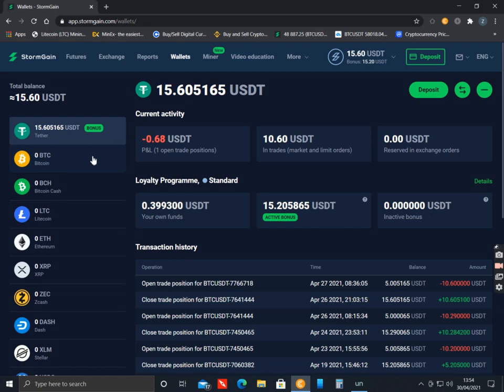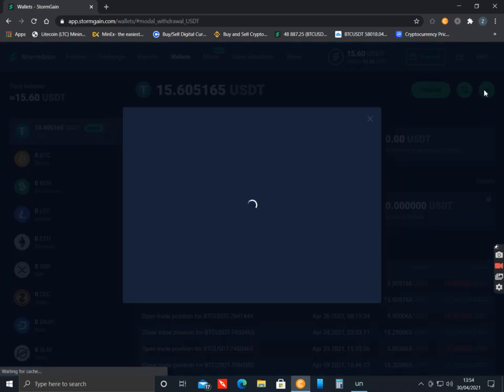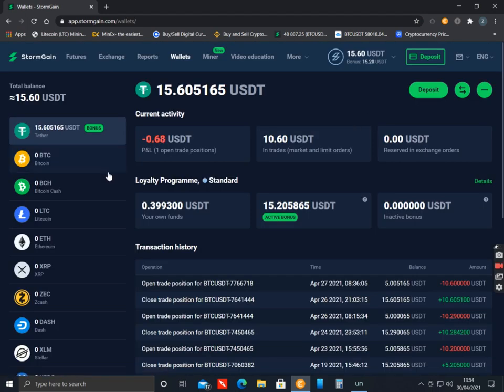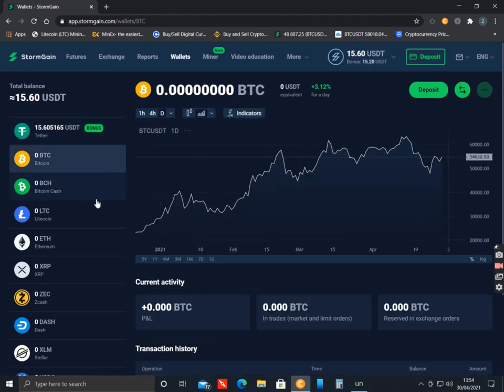If you wanted to withdraw any of your earnings, the button next to the two little arrows, this line, is to withdraw. If you click on that and enter your amount, your payment method is going to be either to your bank or to a Tether address, and then just withdraw it. That's as simple as that, and it's exactly the same for all the other coins.